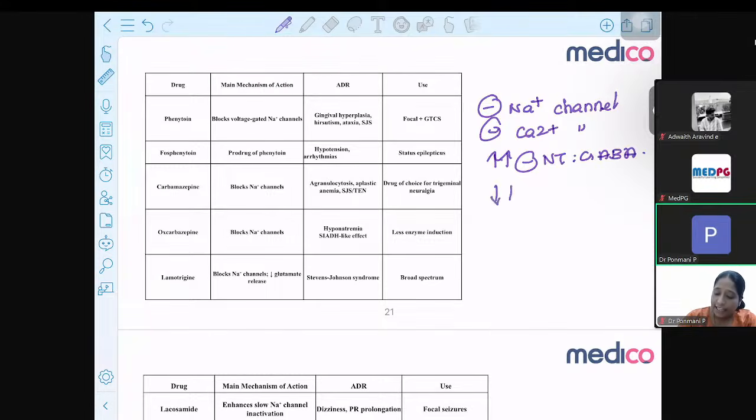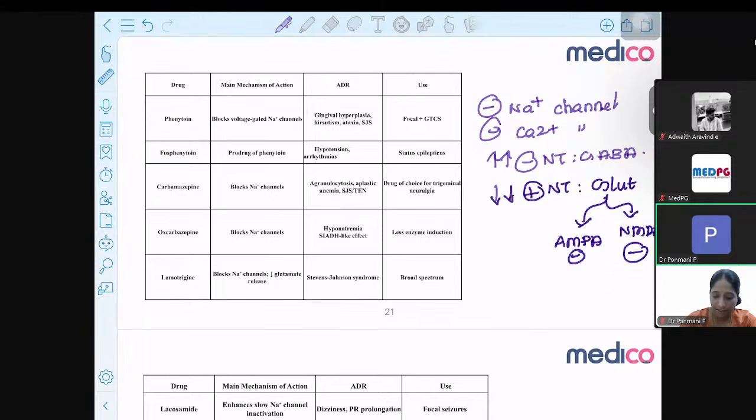Or it can decrease your excitatory neurotransmitter, which is glutamate. While we are dealing with glutamate, it can either antagonize the AMPA receptor or the NMDA receptor, which are the glutamate receptors. Okay, so these are the main mechanisms by which an anti-epileptic is going to act.